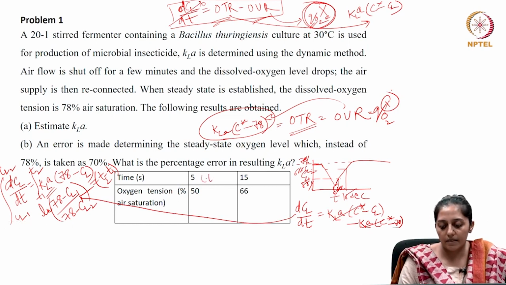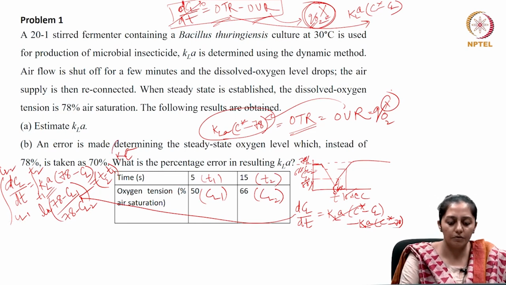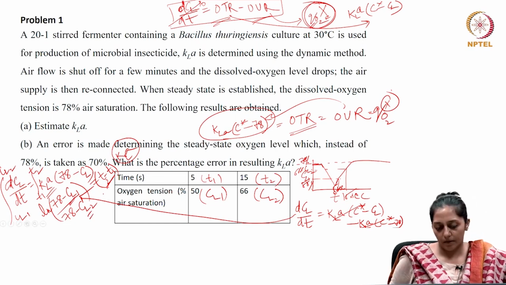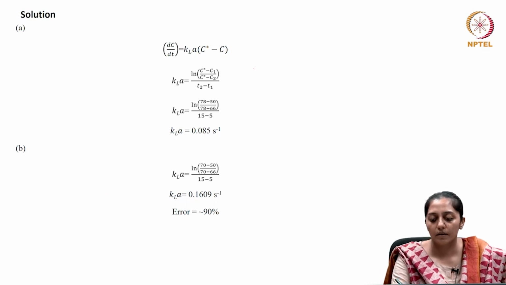Now, let us say this is T1, this is T2, this is CL1 and this is CL2. So, if we need to calculate the value of this, it should be multiplied by KLa. Now, if we need to find the value of KLa and we know T2, T1, CL1, CL2, KLa can be obtained. So, this is what has been done.